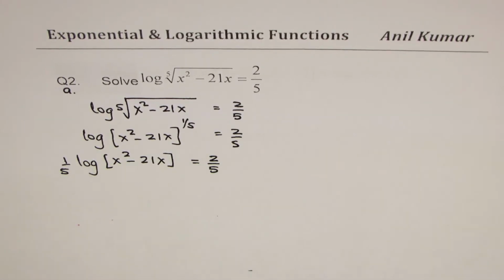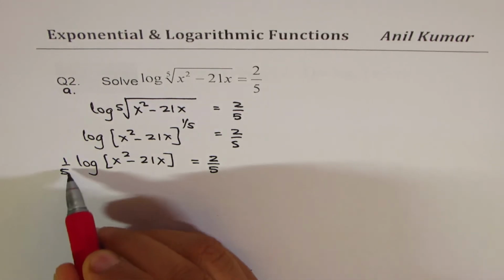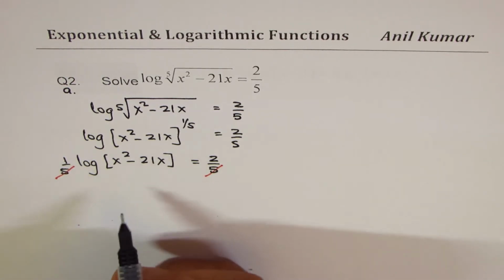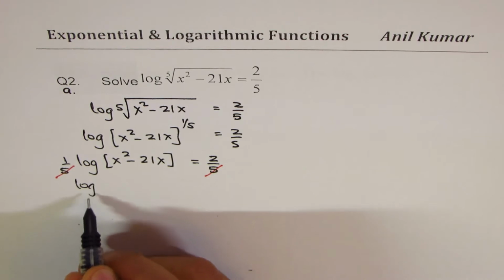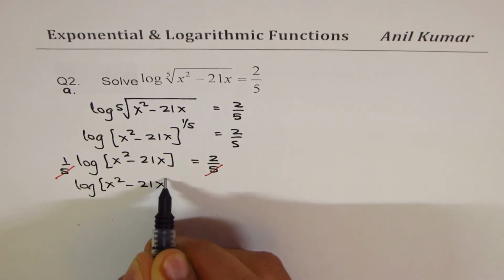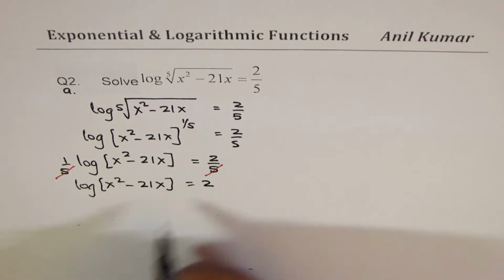Now multiplying both sides by 5, we could always cancel 5, correct? So this gets cancelled off. So what we get here is log of x squared minus 21x equals 2.